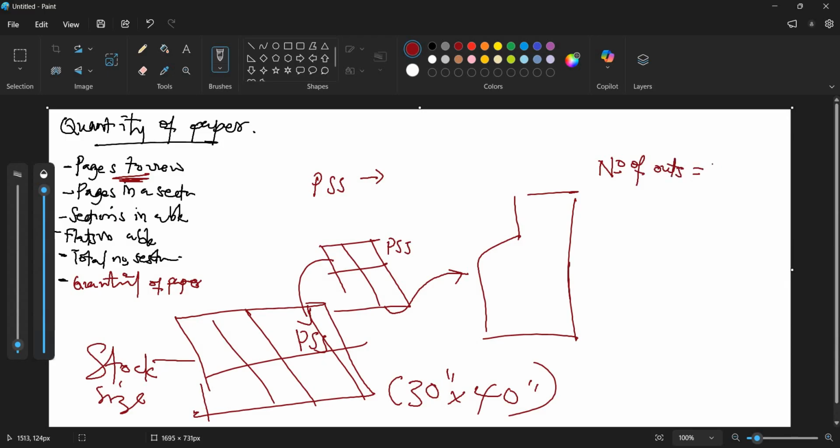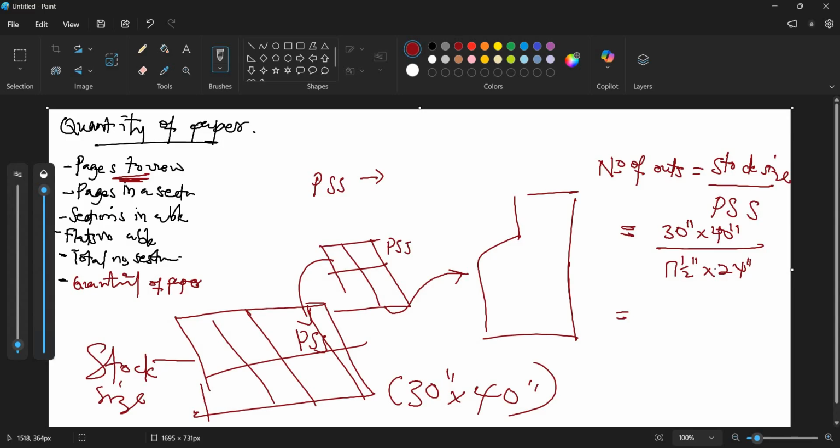So for you to know your number of outs, what you need to do is divide your stock size by your PSS. So your PSS is 17 1/2 inches by 24 inches, and your stock size is 30 inches by 40 inches.